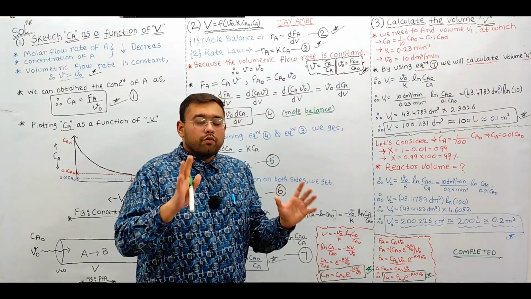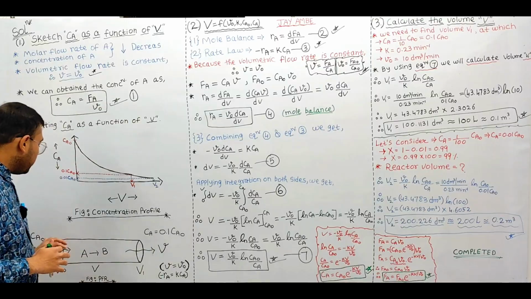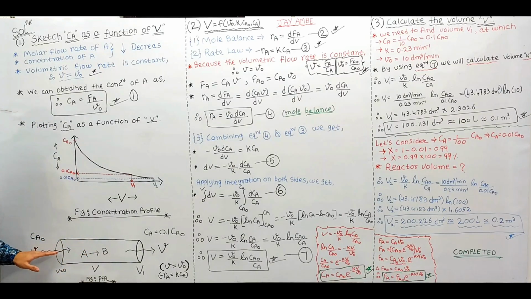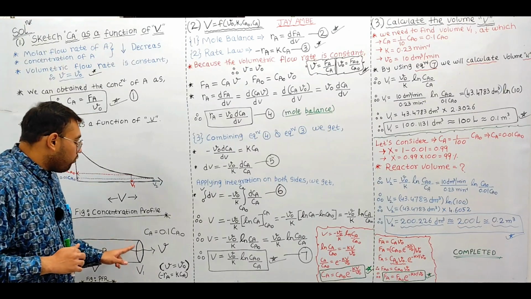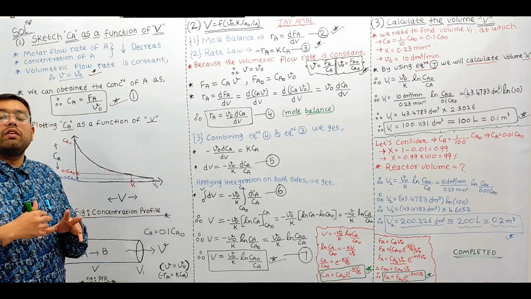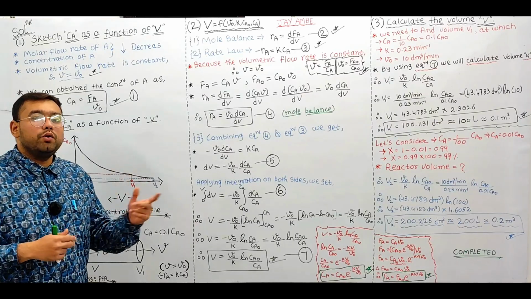For example, let's say via the feed stream, 100 reactant molecules are entering the plug flow reactor. Let's consider 100 molecules equivalent to 100%. So 100 molecules are fed to the reaction environment of the plug flow reactor via the inlet stream. In the reaction environment, the molecules react and get converted into the new product.